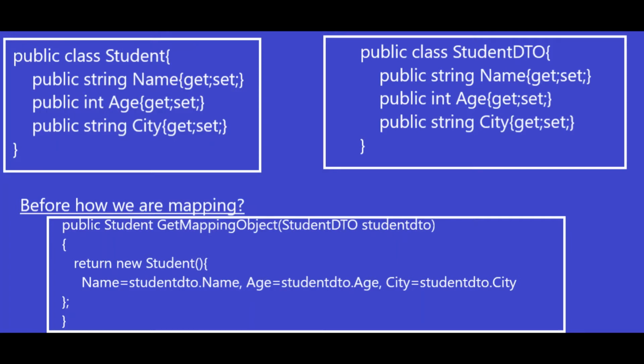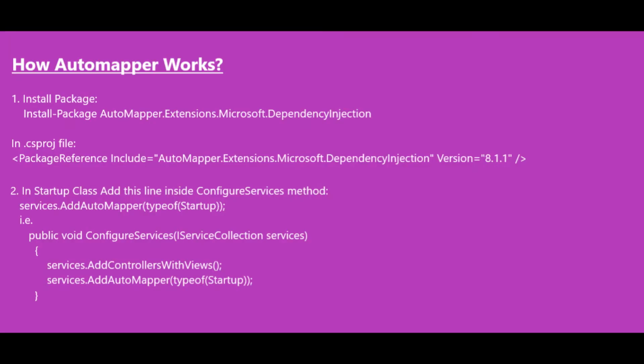Then inside this method I am creating an object of student type and assigning student DTO properties value to student object. Then I am returning that object through the method. So we can see before when we are converting one object type to different object type, we are following this code format. Now we will use AutoMapper for this example.